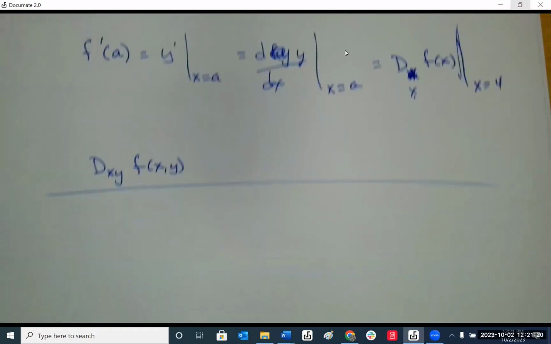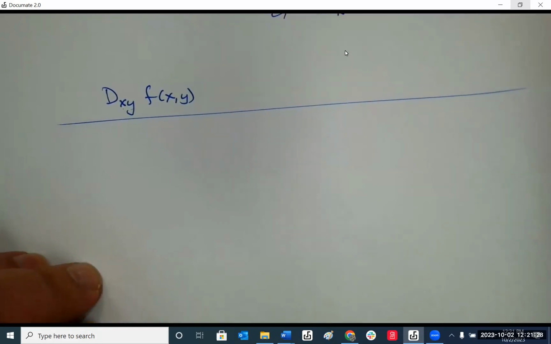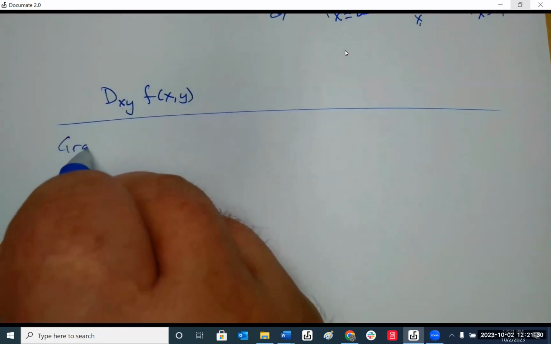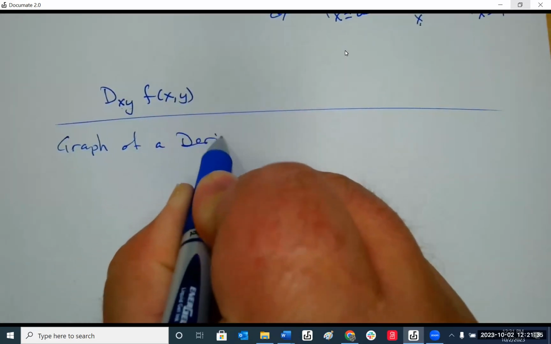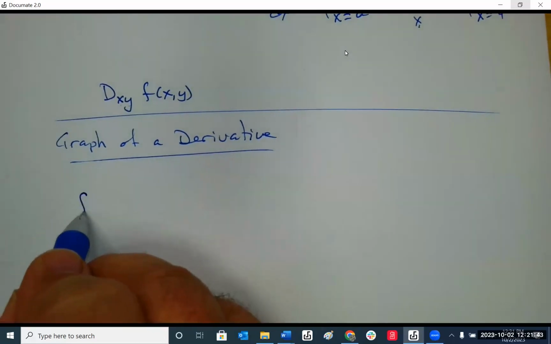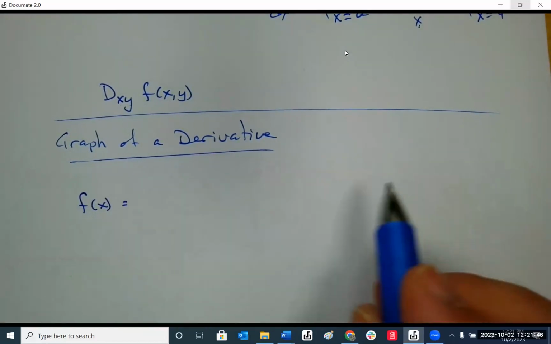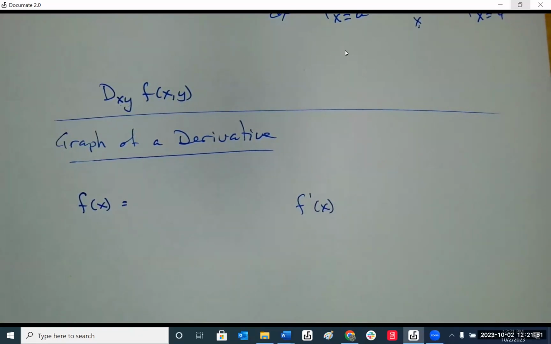Okay, let's look at another example. We'll combine these later on. The graph of a derivative. Now that's why I'm going to combine both of these with this example.